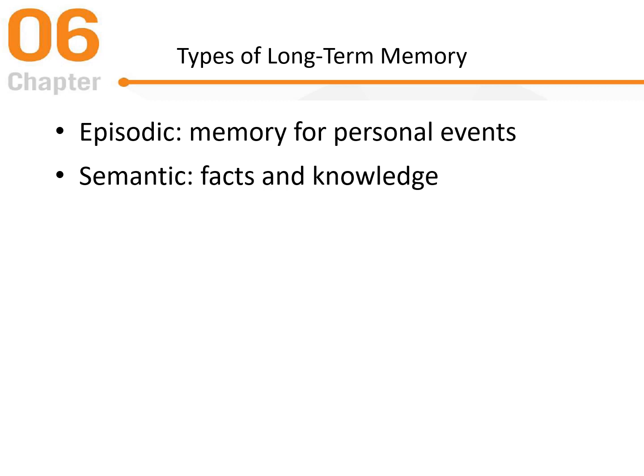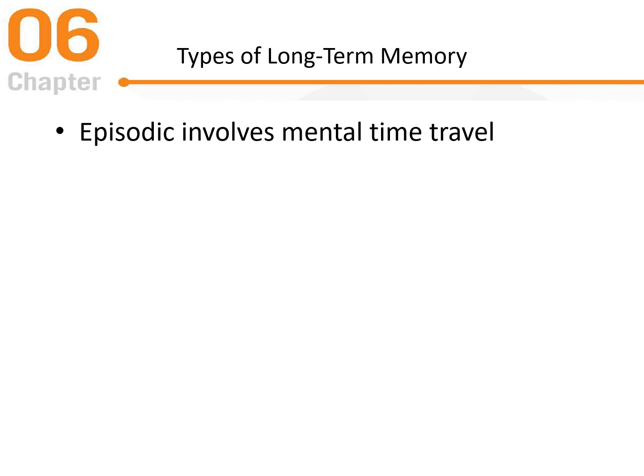Now we move on to types of long-term memory. We say there are two basic types of long-term memory. We have episodic memory, which is memory for personal events like past birthdays, weddings, things like that. And then we have semantic memory, which is basic facts and knowledge. Episodic memory involves what we call mental time travel.